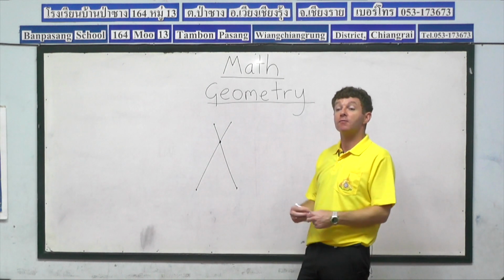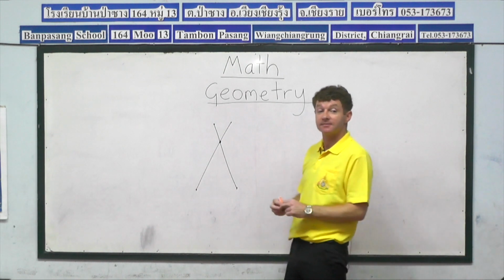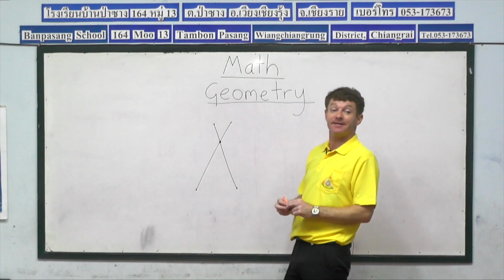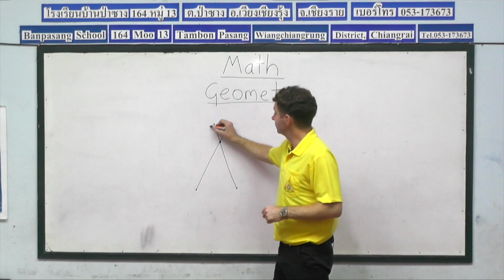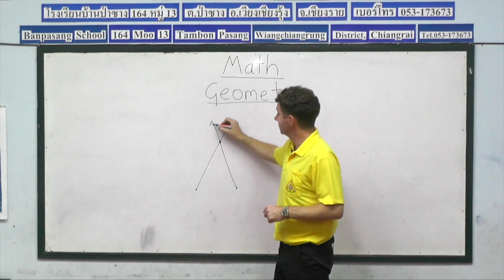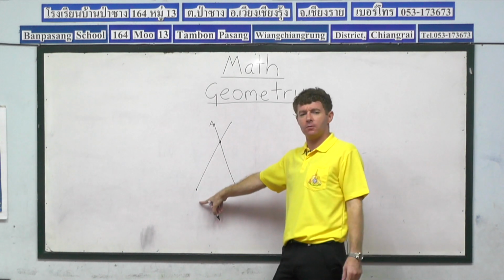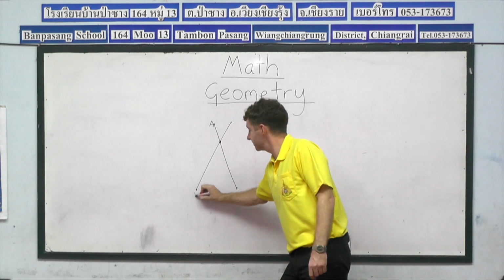But what we can do is we can give all the points on our intersecting lines references. So who can think of good references for us, guys? First letter? A. Excellent. So here, point A. Can we call this point B too?